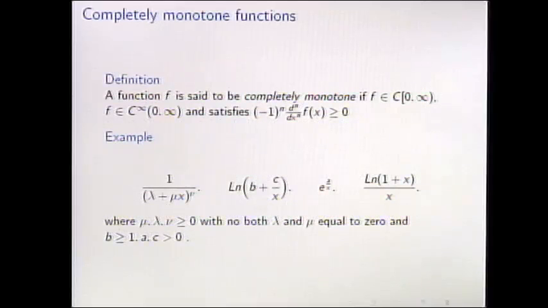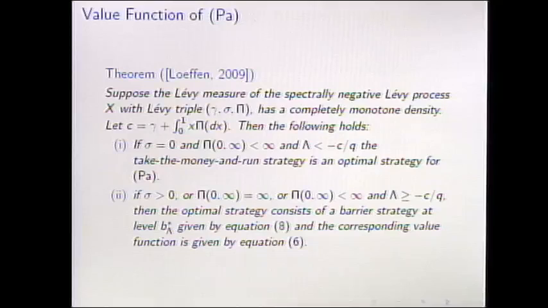So this is the definition of a completely monotone function, and some examples. Loeffen proved what the optimal strategy is for the auxiliary problem. Under some conditions, the optimal strategy is take the money and run, which is just pay everything out in dividends.